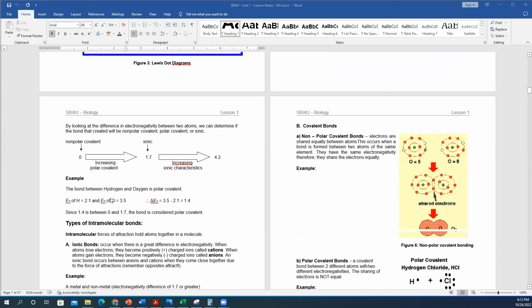And you can also look at the difference in electronegativity between two atoms to figure out what kind of bond they might form.